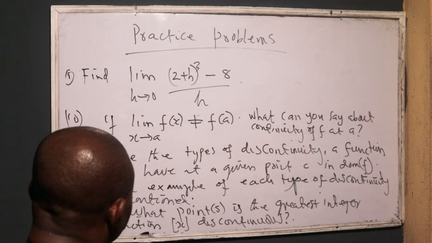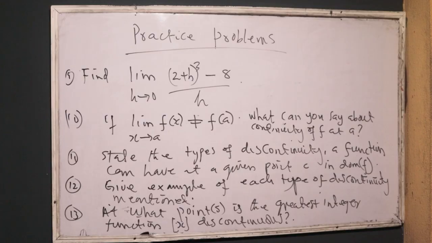So try to tell us what points, or point if it's just one, where the greatest integer function is discontinuous. Okay.